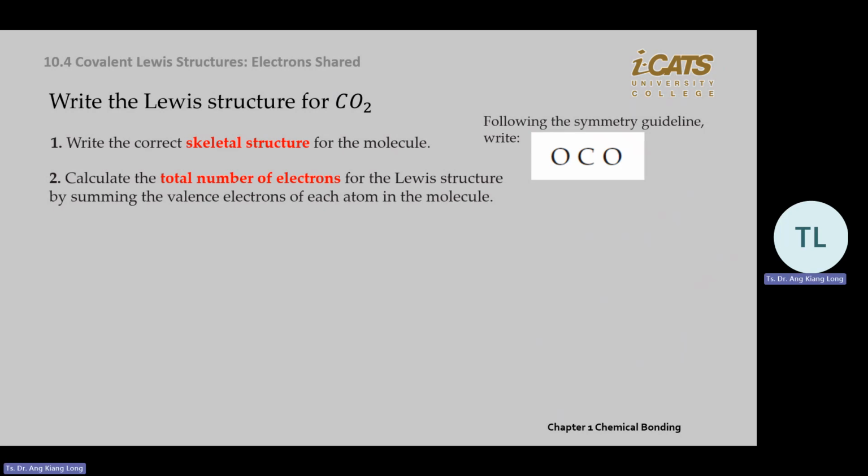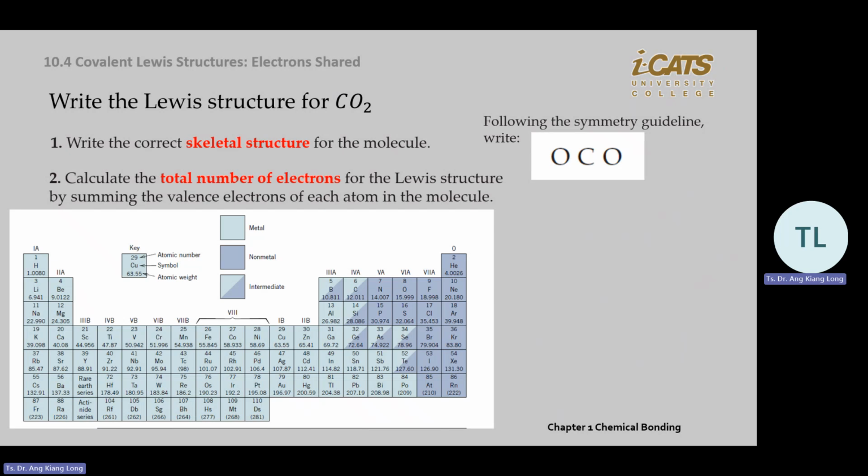Okay, it's like gravity, 9.81 in physics. So from this, you know, 6 plus 4 is 10, plus another 6 gets 16, right? So this is just to show you how to do it. In the exam, you don't need to show me the periodic table, but these are the steps.